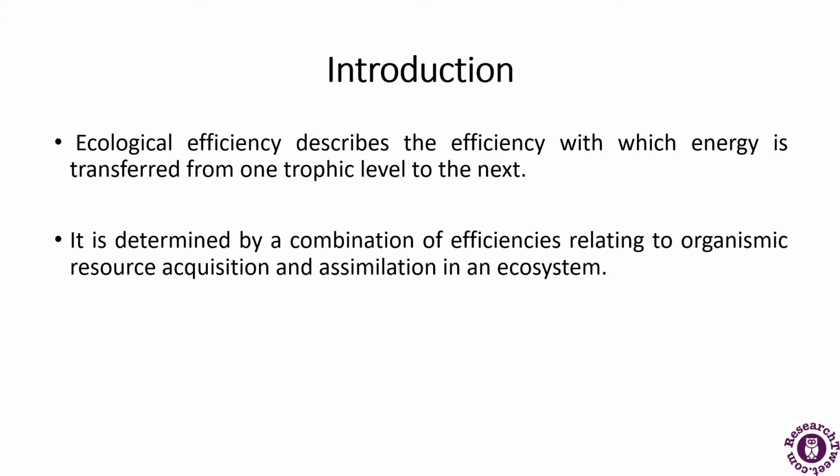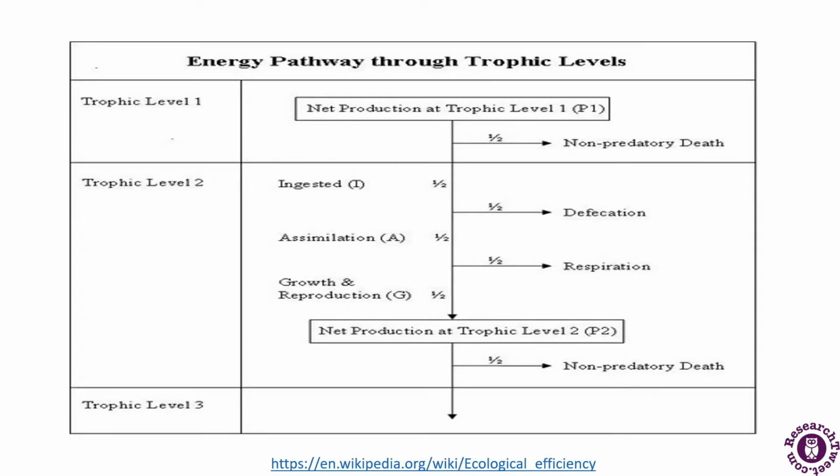So it basically describes the efficiency with which energy is transferred from one trophic level to another. This is a pathway showing ecological efficiency, that energy is transferred through trophic levels. So there will be a transfer of energy from one trophic level to another.